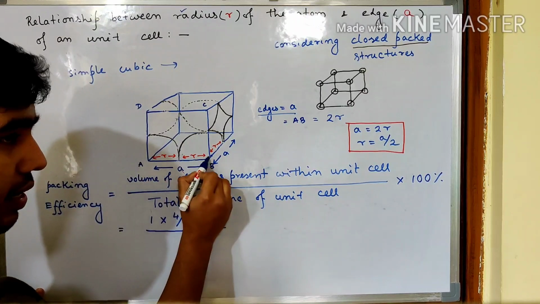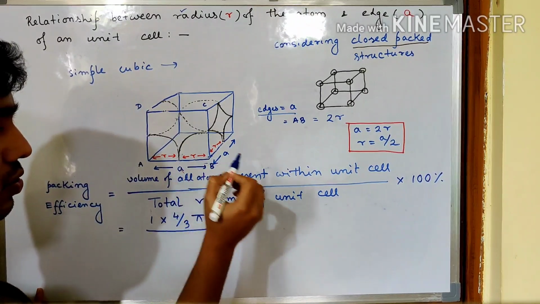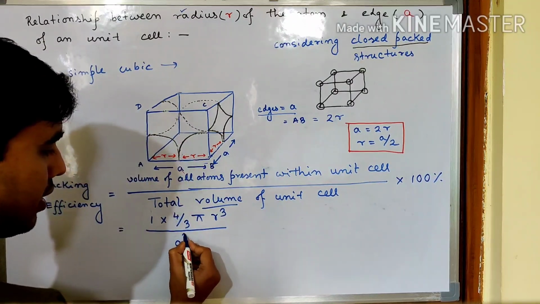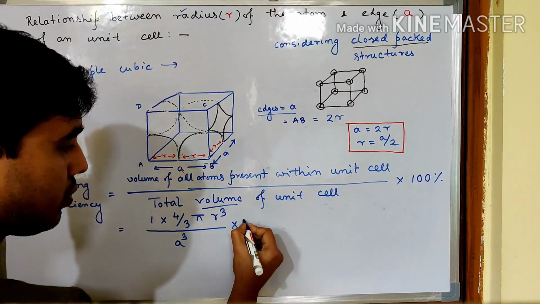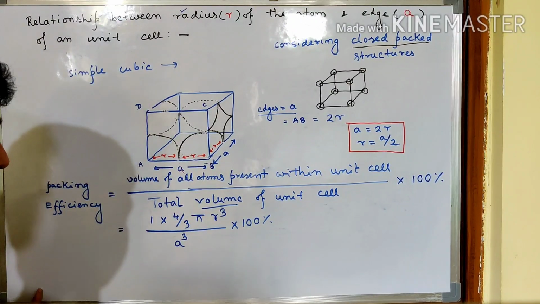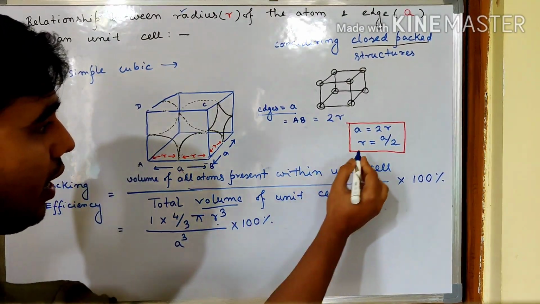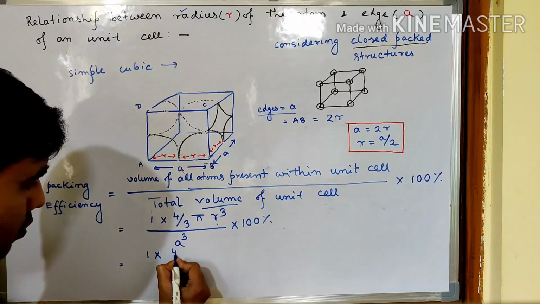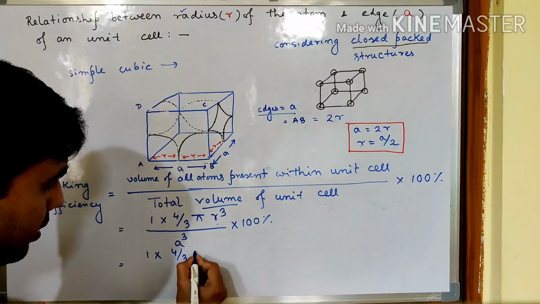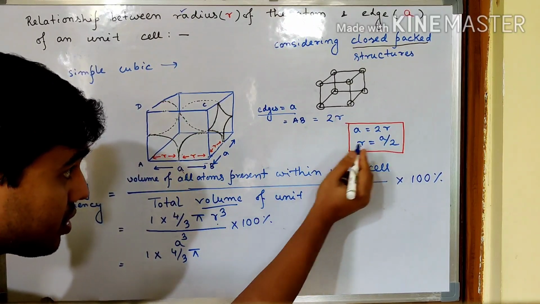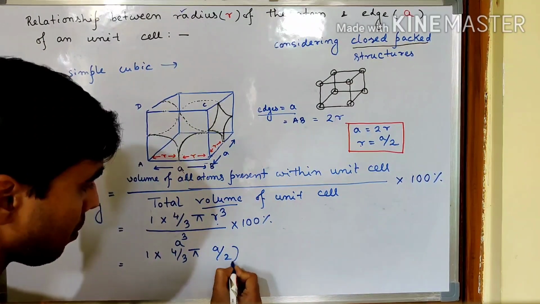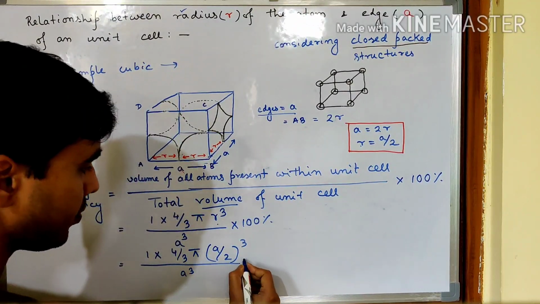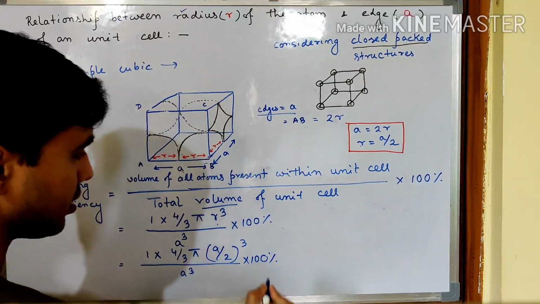If the edge length is A, the volume of the unit cell should be A cube, of course, into 100%. Now R is equal to A by 2. So 1 into 4 by 3 pi, R means A by 2 whole cube, divided by A cube into 100%.